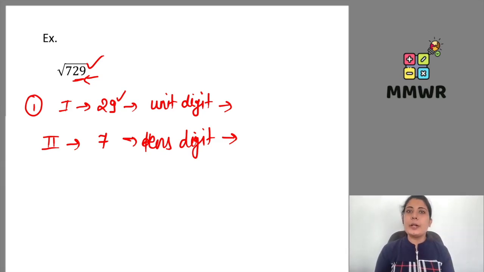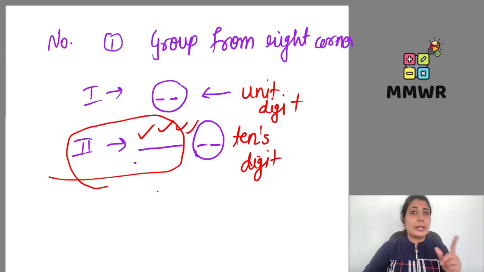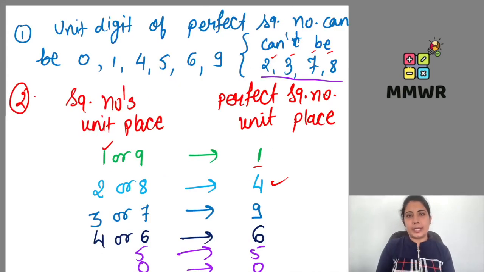So if it is a perfect square, in that case, what can be the possibility for the unit place of its square root? So इसके square root में क्या होना चाहिए unit place पर? For that हमको ये टेबल की हेल्प लगेगी. हमारे नंबर में 9 आ रहा है लास्ट में, मतलब या तो 3 होना चाहिए यूनिट प्लेस पर इसके स्क्वायर रूट में, या तो 7 होना चाहिए.